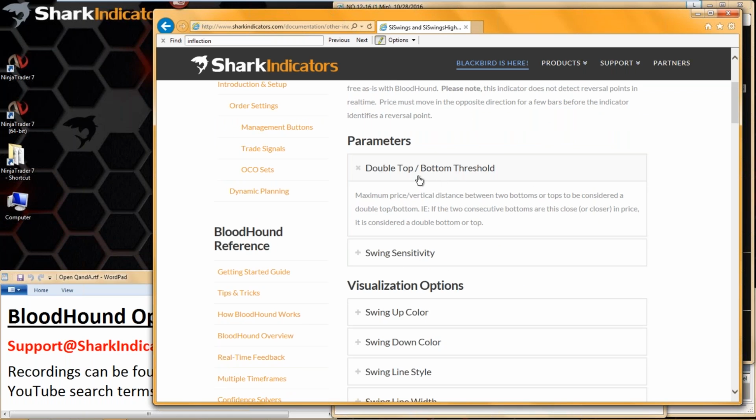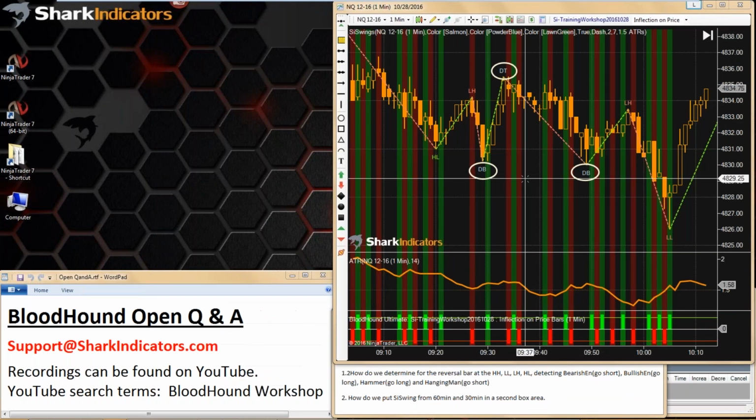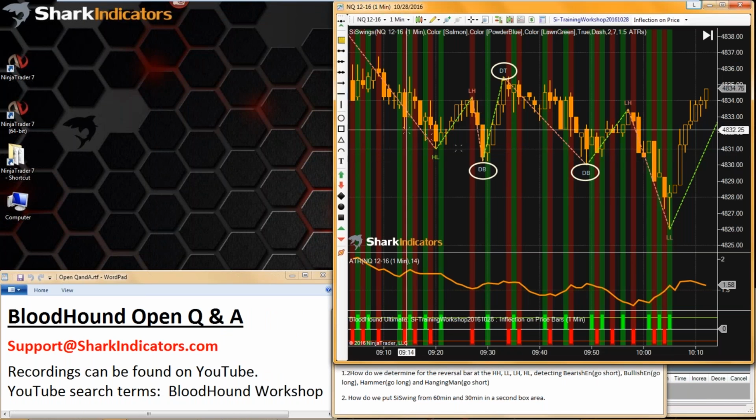So anyways, the threshold is used to calculate the maximum distance between swing points to determine if it's a double top or double bottom. So for example, let's draw some lines on here.